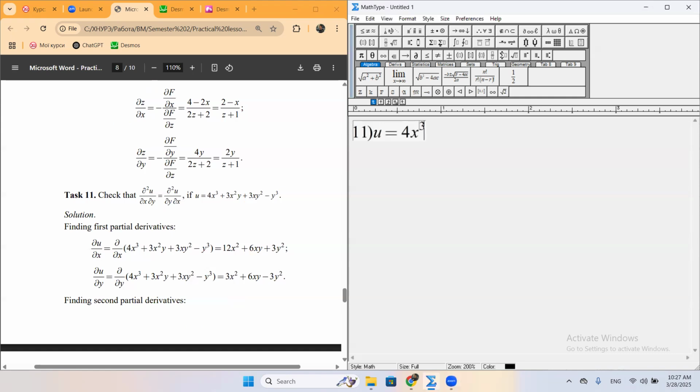So that the order of differentiating is not important. We have such a polynomial function.